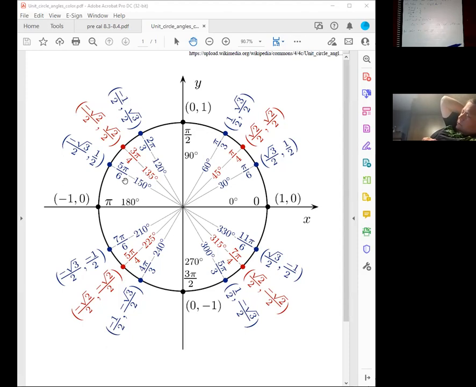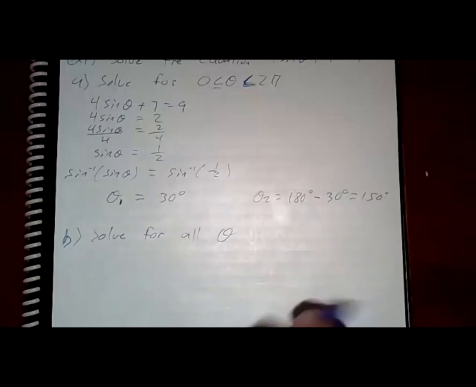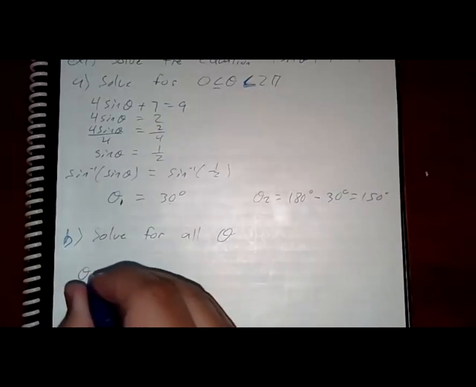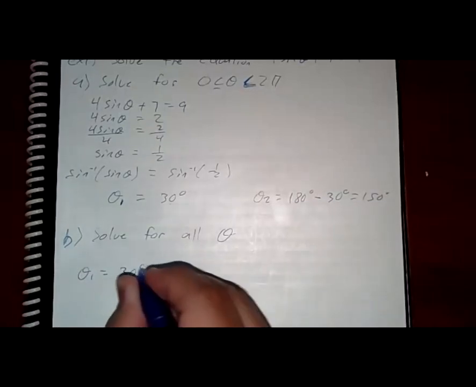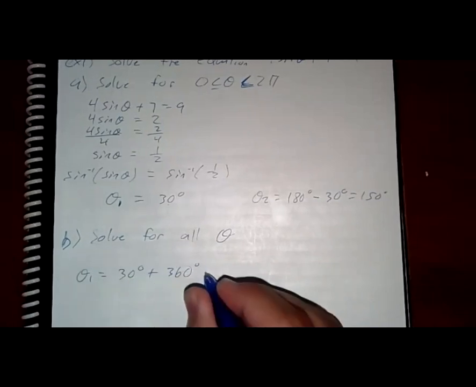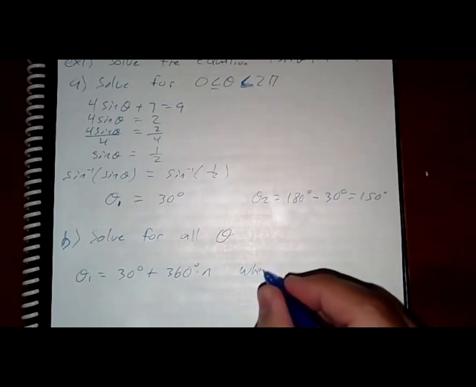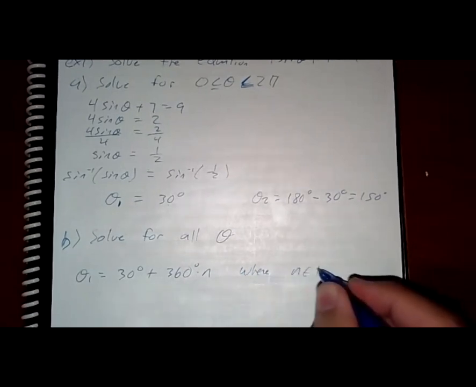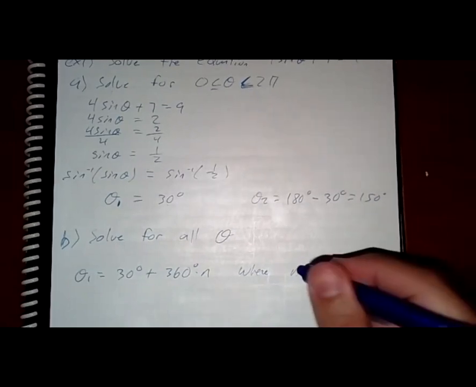Same thing for this one: 150 plus 360, 360, 360, over and over again. I can keep getting solutions. So what you say is the first set of solutions is 30 degrees plus 360 times n, where n is some integer.